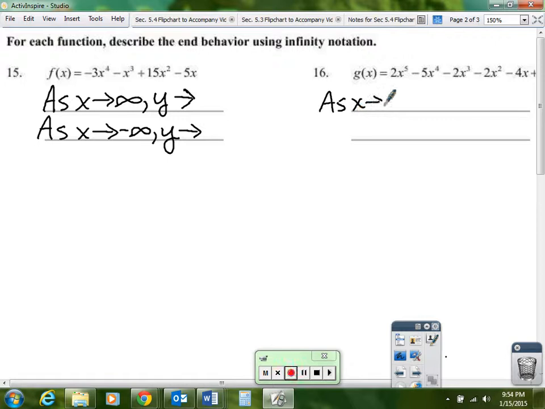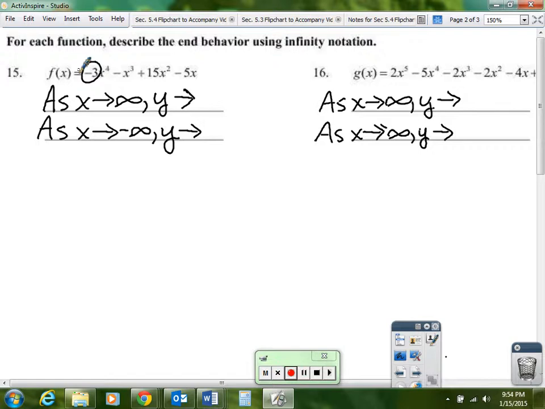Problem number 15. We want to put in either a positive infinity or negative infinity. We have a leading coefficient of negative 3. That means that we end negative.